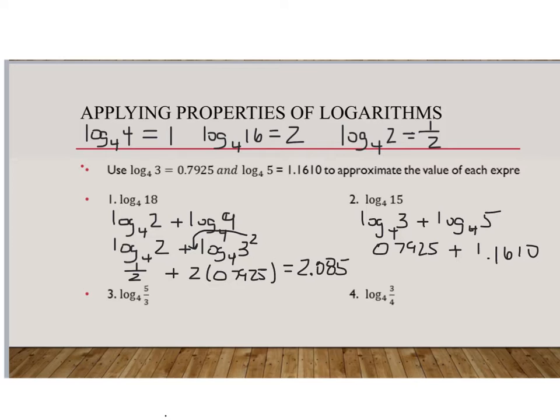And then I would simply add those together. So I'd have 0.7925 plus 1.1610, which would be 1.9535.